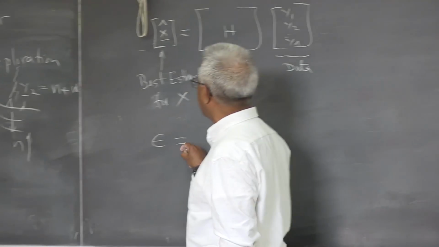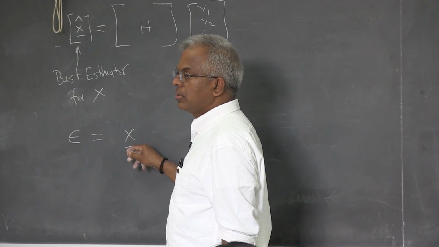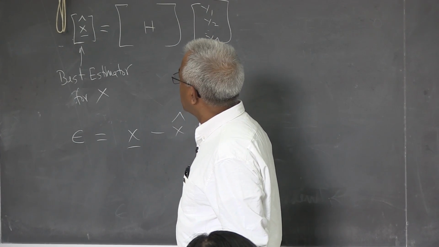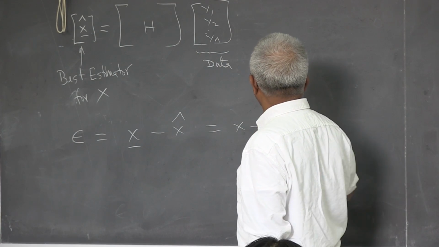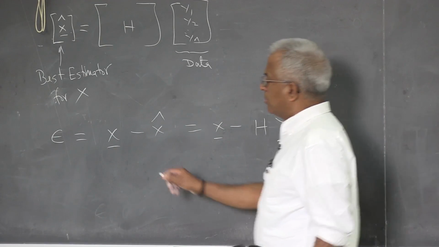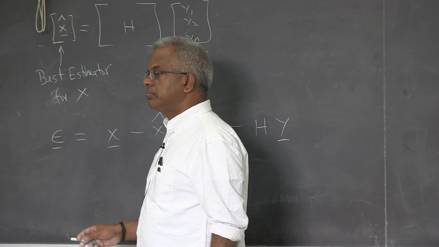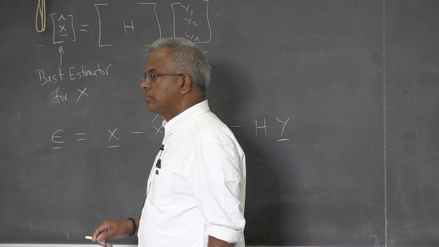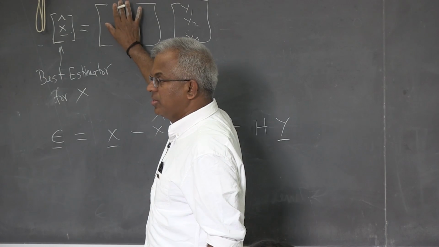So again, we look at the error here. Remember, this is what you are looking for, x minus x hat, and x hat is here, so this is x minus hy. I'll take you through the matrix case, but remember, if this is a vector, this itself is a vector. So what do you mean by mean squared error here? Remember, this is a random quantity because everything you see here is random except this.